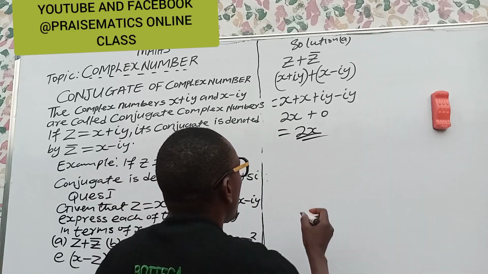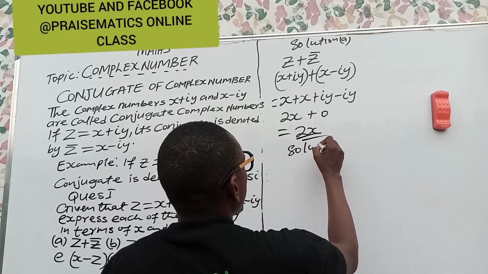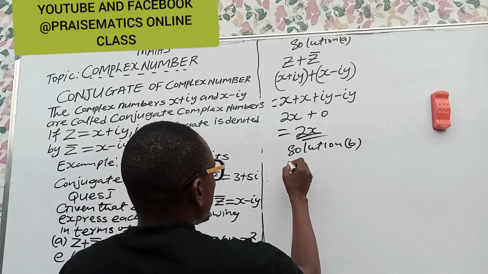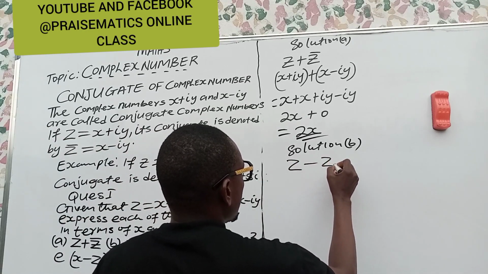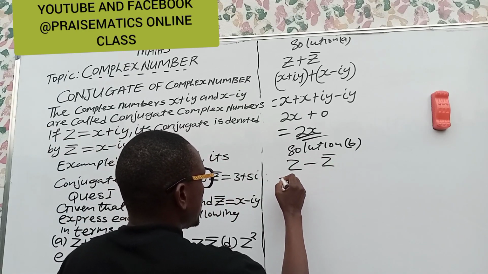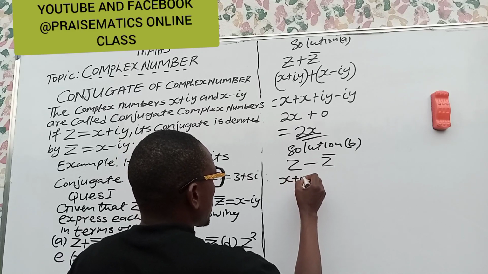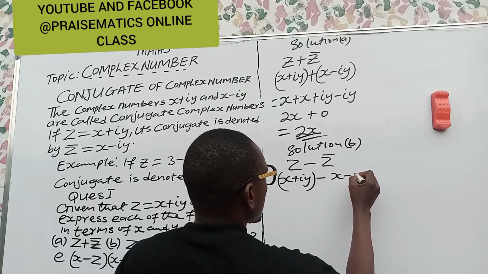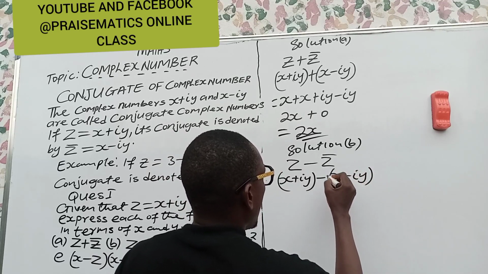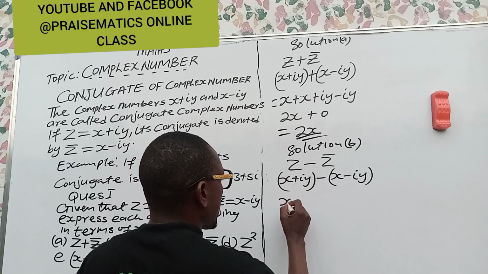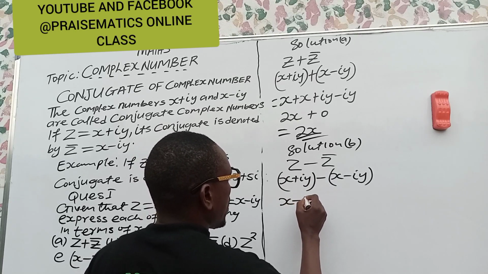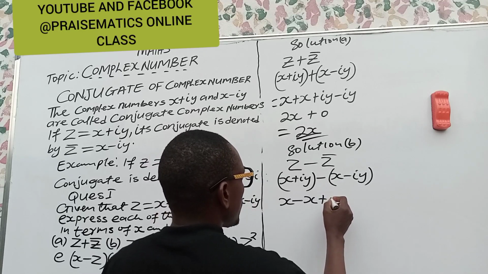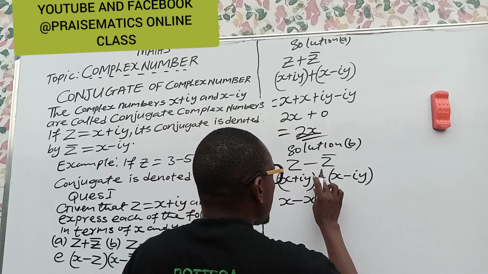So that is it. Okay, solution B. We have solution B that says z minus z bar. They have given us that z is equal to x plus iy, minus x minus iy. So how do we do this? x minus x, real part to real part, x minus x, plus this times this.